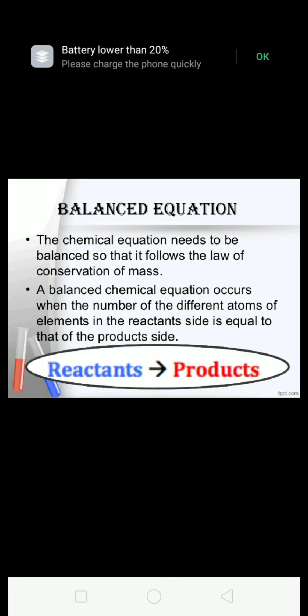Now balanced chemical equation. The chemical equation needs to be balanced so that it follows the law of conservation of mass. As I told you earlier, mass of reactants should be equal to mass of products. If substances combine, they should not lose their mass. The total mass combined should be equal to total mass of products.